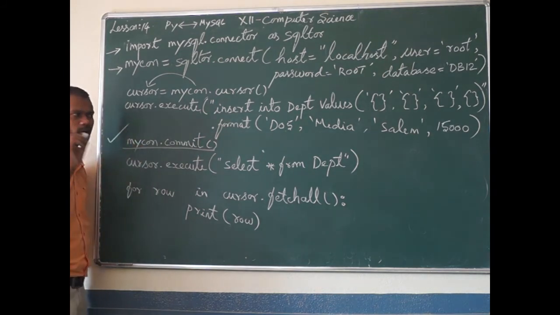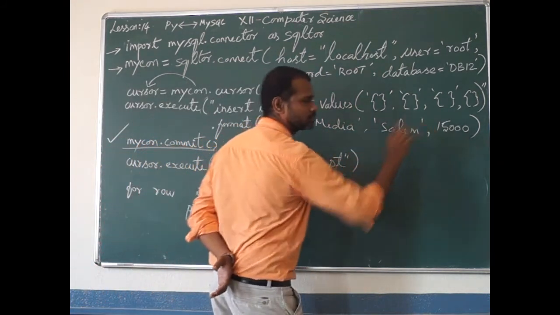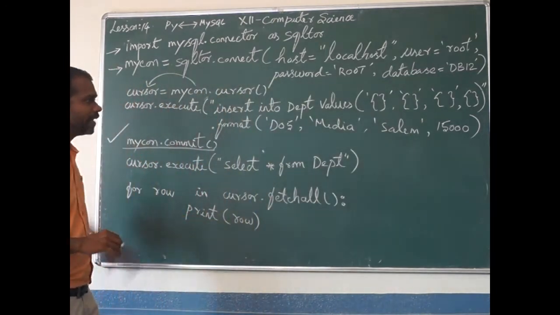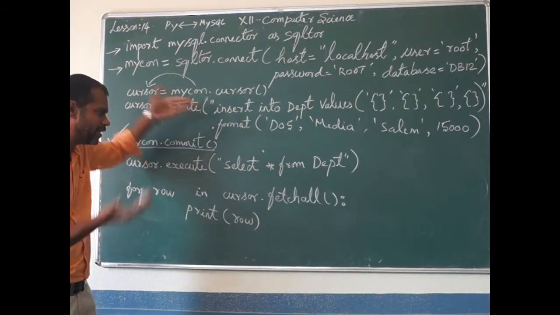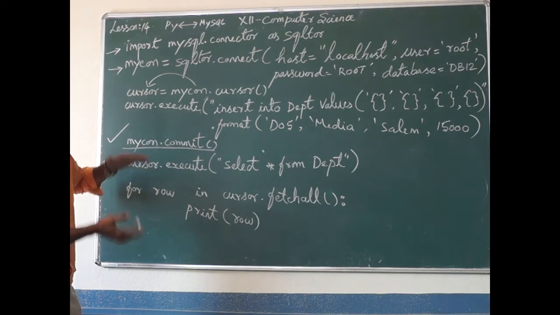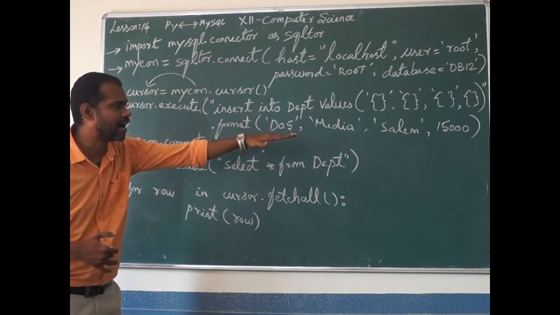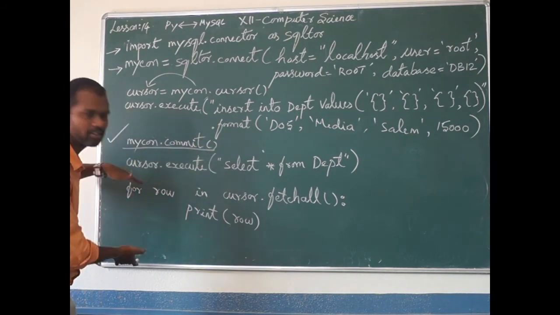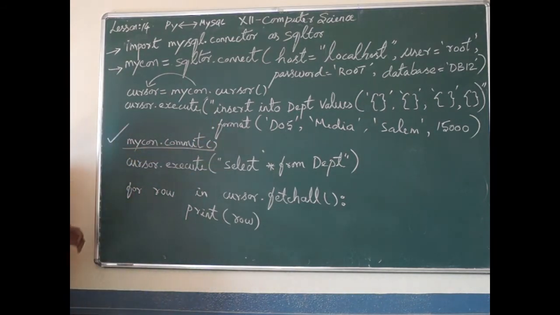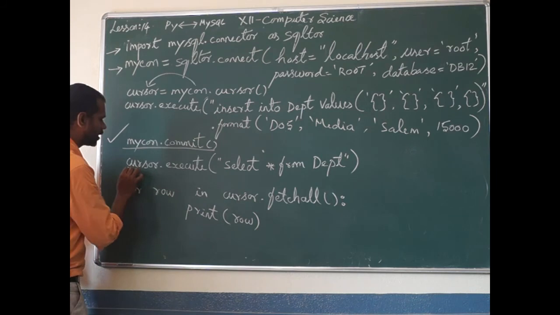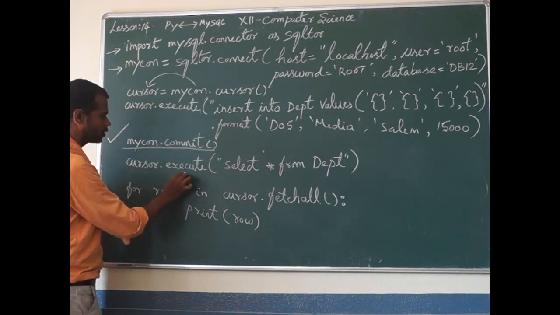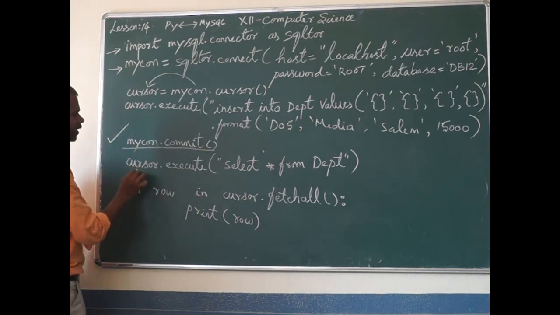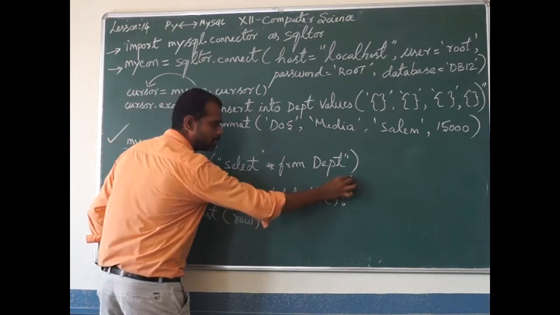Now the line is fully saved in SQL. That's not enough. Whether it is saved or not, I need to check from Python itself. I want to check this data, whether it is inserted or not. I want to see it in Python itself. That means I have to do cursor.execute, the same cursor.execute, and here comes the SQL code.